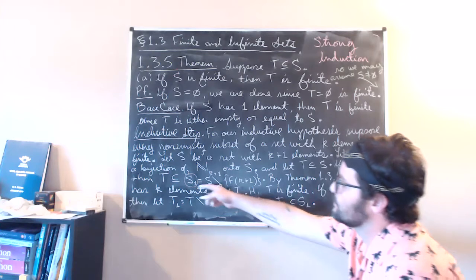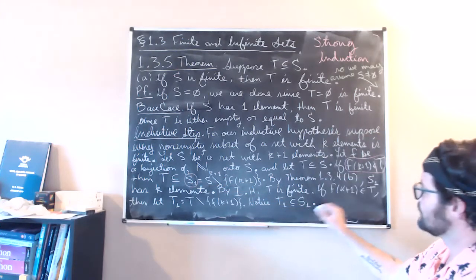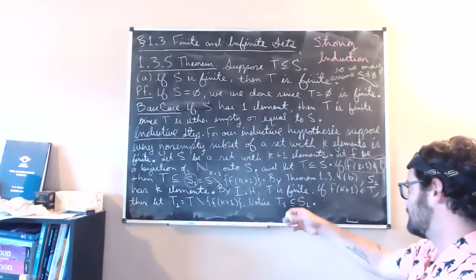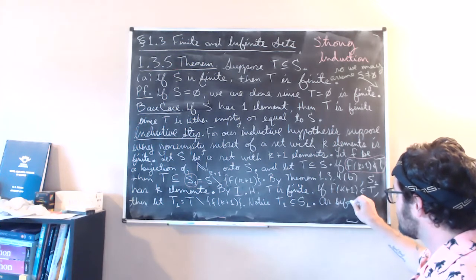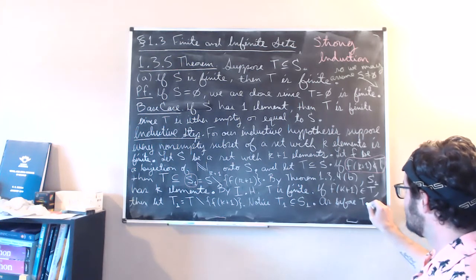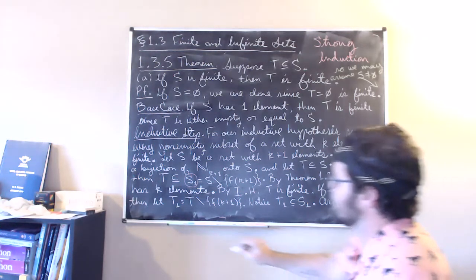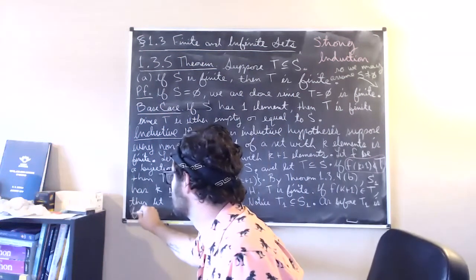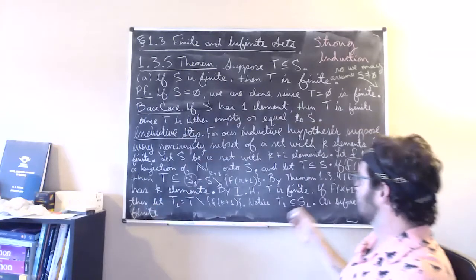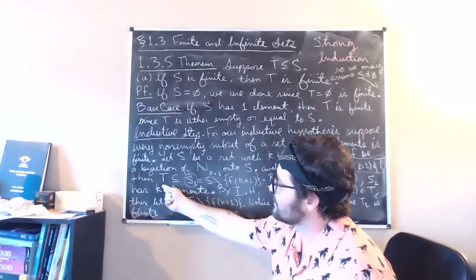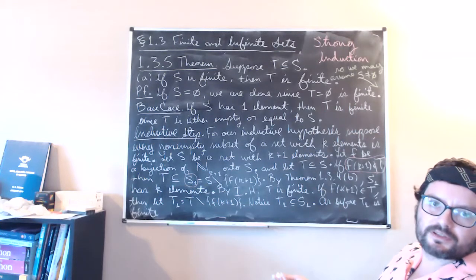As before, like we said with T, we can say the same thing about T1. So instead of writing it all out, I'm going to say as before, T1 is finite. When I say as before, I'm just stating that the same argument that we used here on T, we can use here on T1 to show that it's finite.